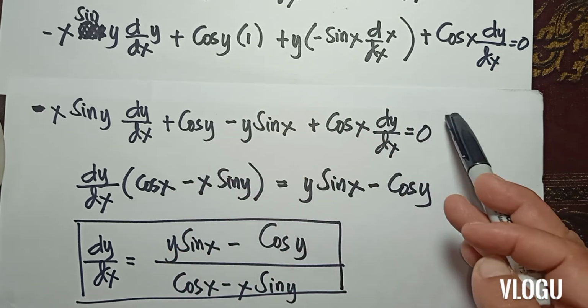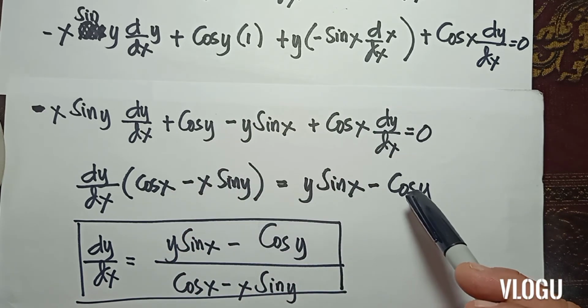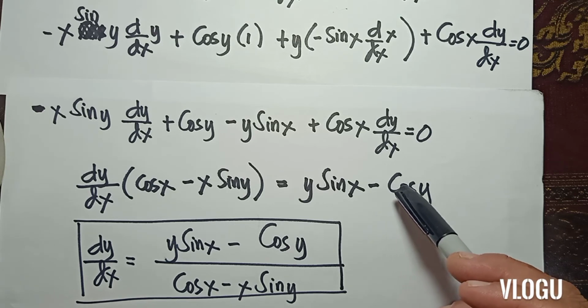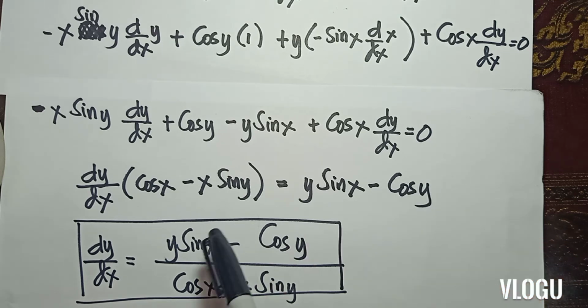Transposing this to the other side, it becomes negative, so we have negative cosine y. So therefore, dy over dx is equal to (y sine x minus cosine y) over (cosine x minus x sine y). So this is now our final answer.